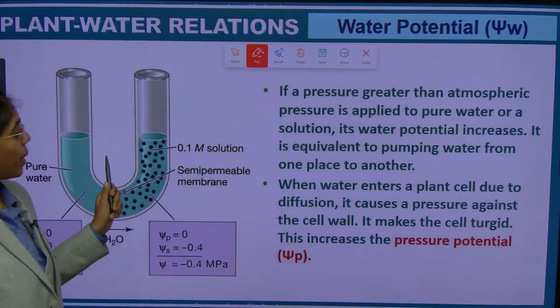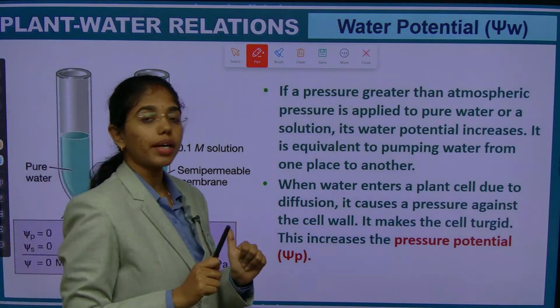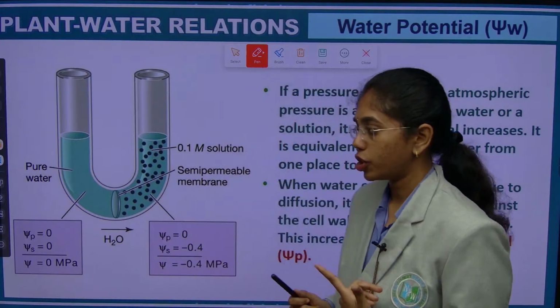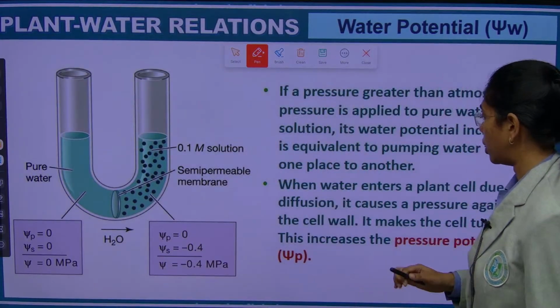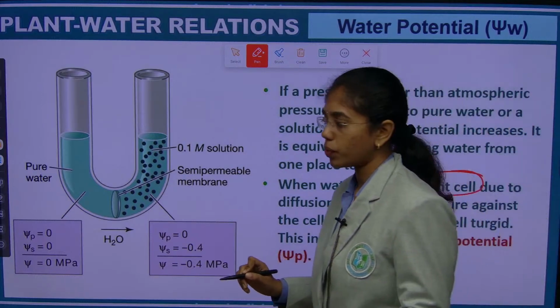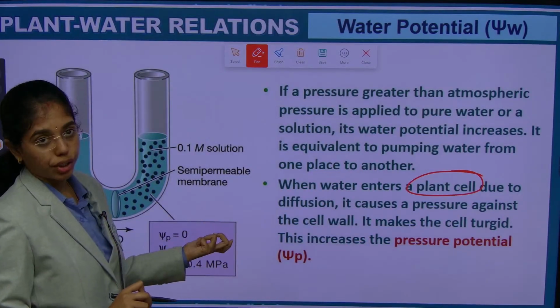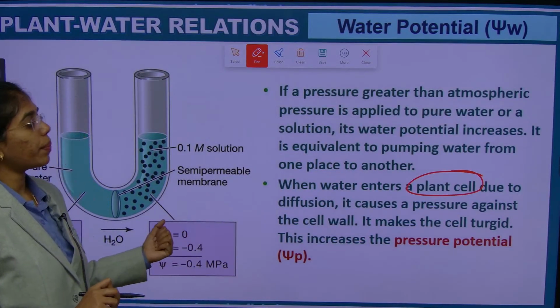What is pressure potential? You got a clear idea on solute potential, you got a clear idea on water potential. Now, what is pressure potential? When water enters into a plant cell due to diffusion, it makes the cell turgid, right? This increases the pressure potential.